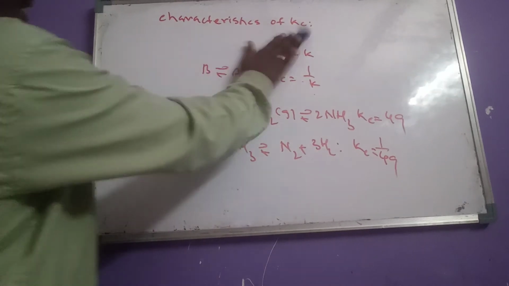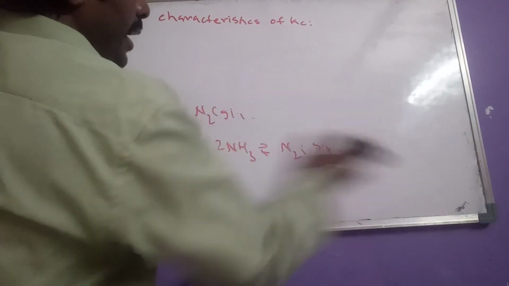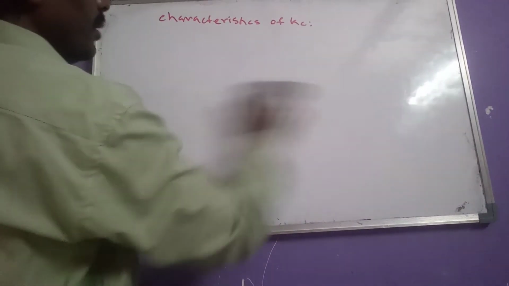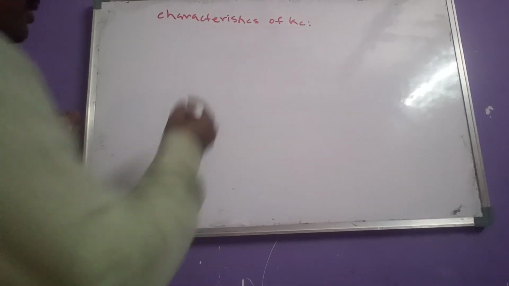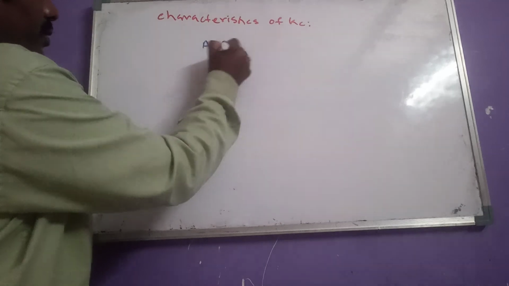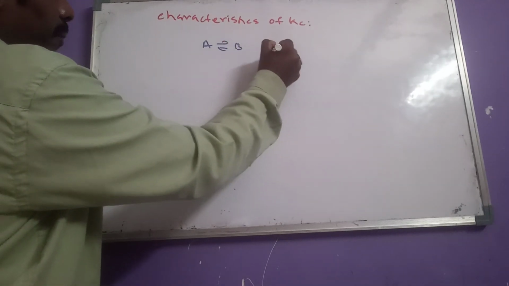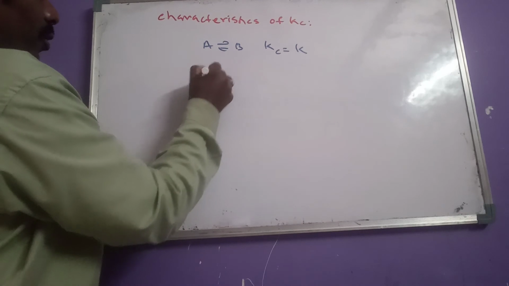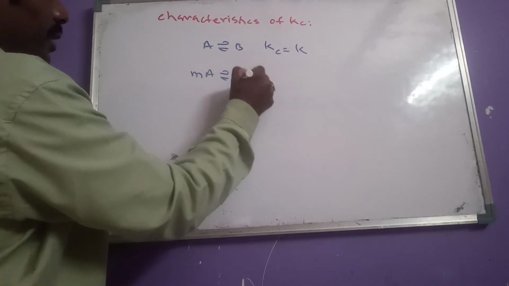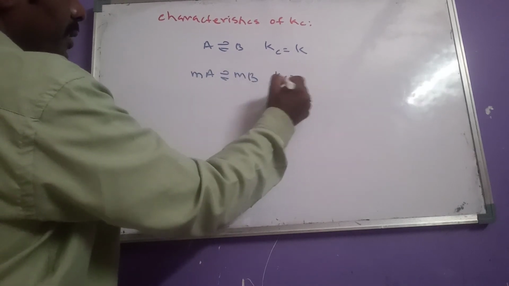And another reaction let us consider here. For example, for A gives B, equilibrium constant Kc equal to K. Therefore, for mA gives mB, what is Kc?